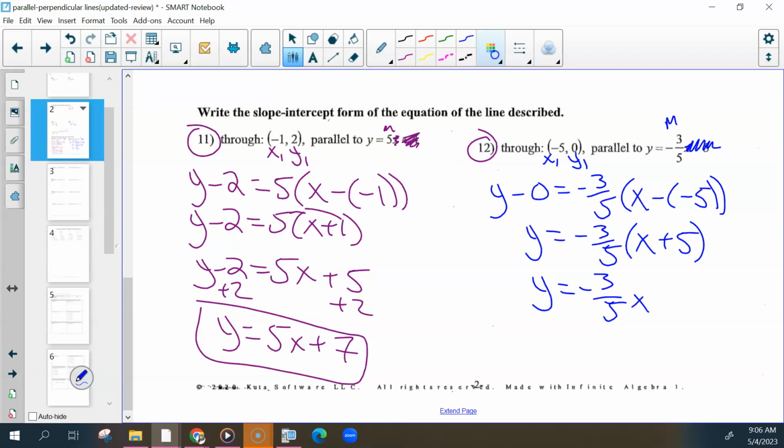Multiply negative 3/5 and 5 until we get. So this would be the line that is parallel to the original.